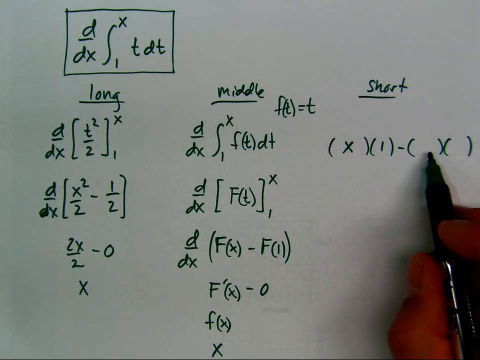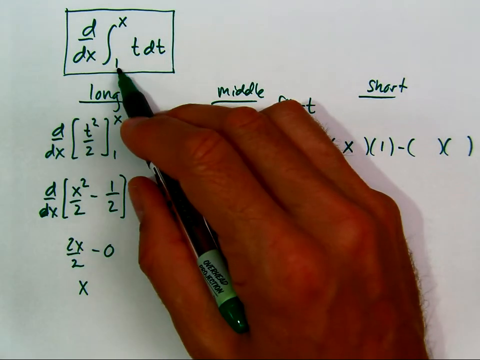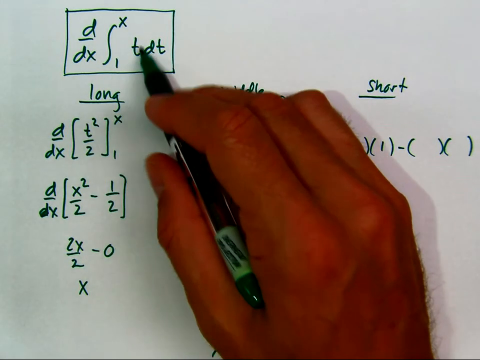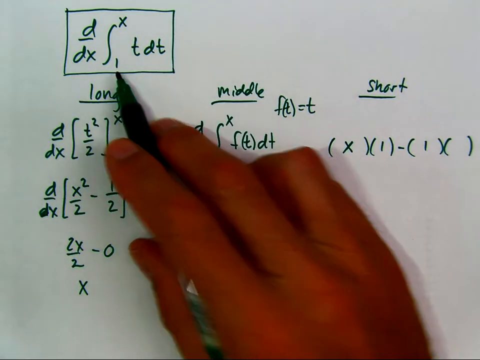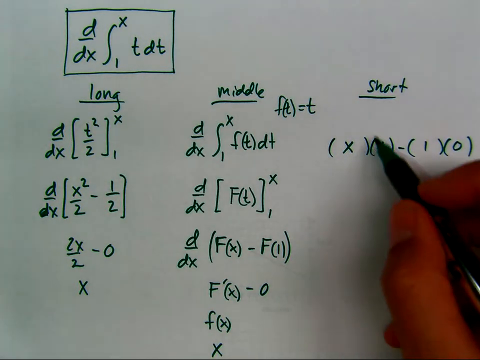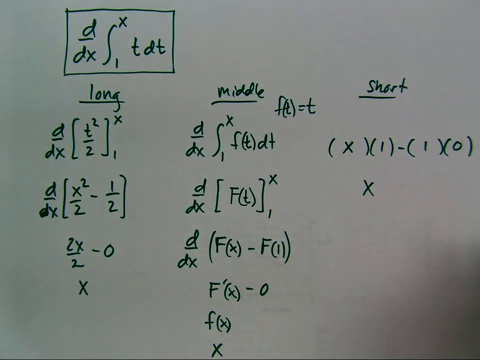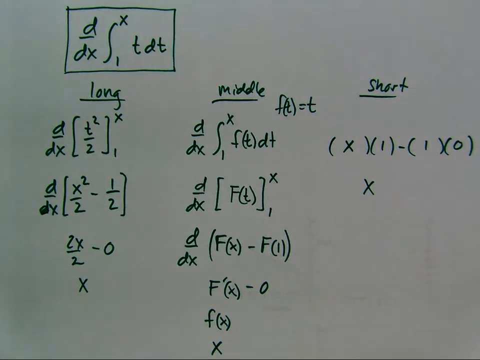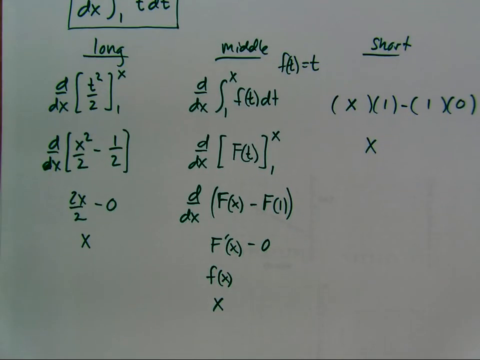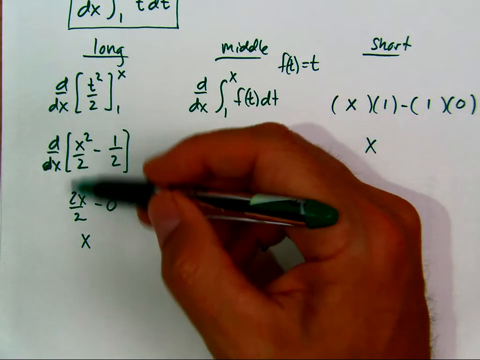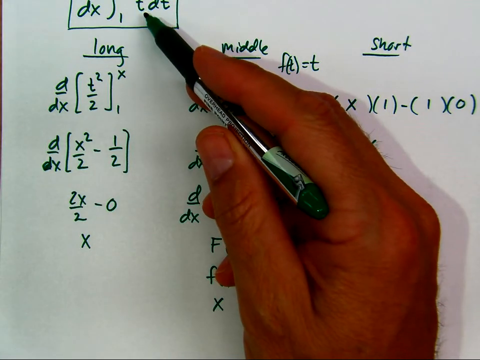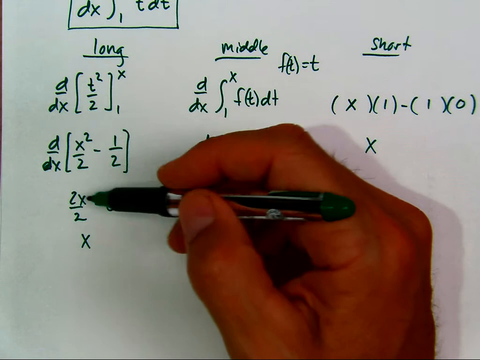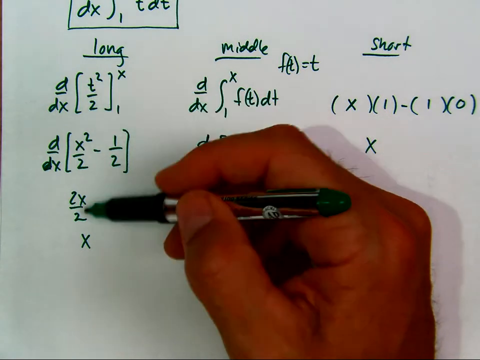This is going to be when we substitute 1 into whatever function this is, put a 1 there. And then we do the derivative of 1, and that's 0. So this is x minus 0. We want to stay away from actually showing all the work. Here it was an easy function to antidifferentiate, but they can get pretty complicated. We just want to skip all of that work.